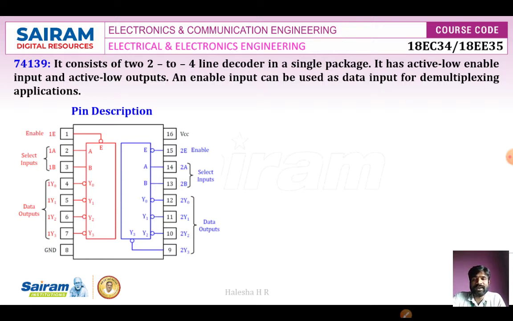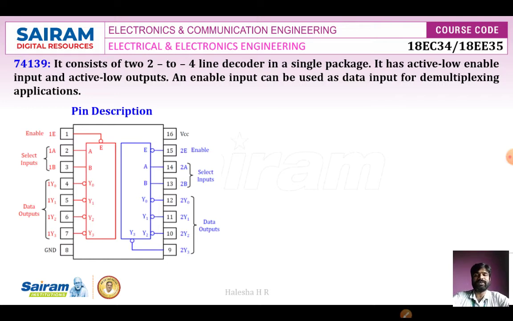And observe the right side: 2E is the enable input for the second decoder, and 2A and 2B are the select inputs. 2Y0, 2Y1, 2Y2, 2Y3 are the data outputs for the second decoder or second demultiplexer. That means it can be used either as a decoder or as a demultiplexer.